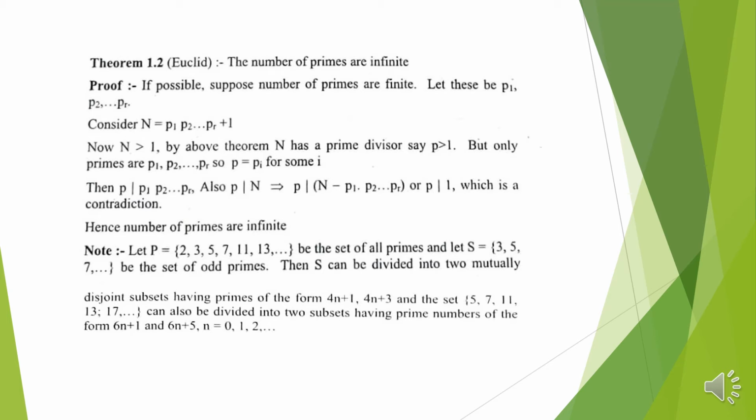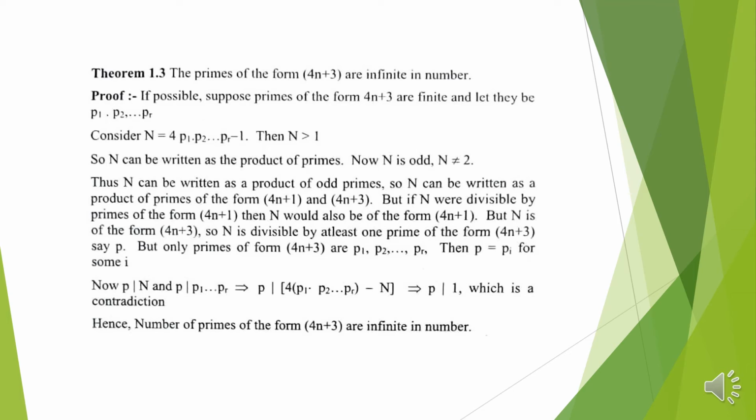The set 5, 7, 11, 13, 17, and so on can also be divided into two subsets having prime numbers of the form 6n plus 1 and 6n plus 5, where n is equal to 0, 1, 2, 3, and so on.